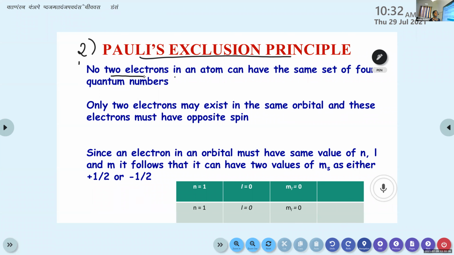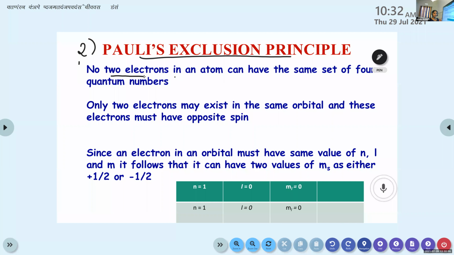That means each electron is specific. They do not have all 4 quantum number values the same. If any 3 values are the same, then the fourth one will be different. Sometimes the n value, L value and m value are the same, but there must be a difference in spin.